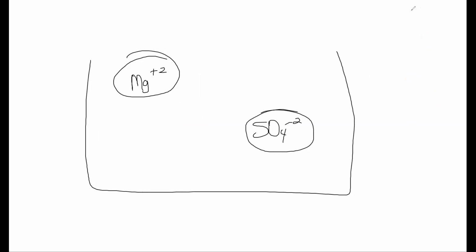Think about it. Water looks like this. This is negative. This is partial positive. Okay. So therefore, opposites attract. The negative is going to be attracted to the positive, which is the hydrogen. And you can see the water orienting itself like this. Or you may see the water like this.